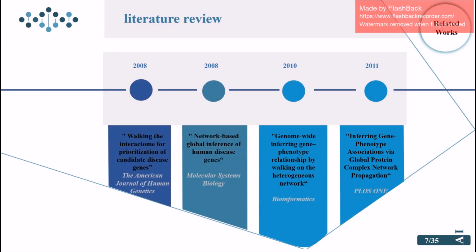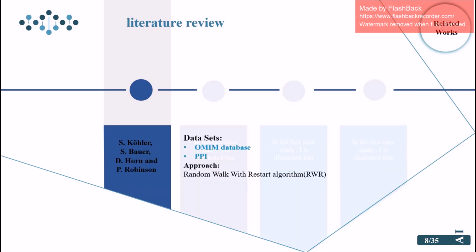In this part, I want to introduce some of the papers that we used in our work. In the first paper, Kohler and others utilized two datasets, OMIM and PPI, and they introduced a method called RWR, or random walk with restart, to prioritize candidate disease genes.